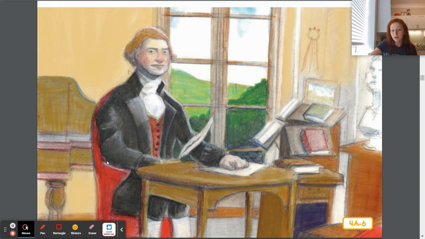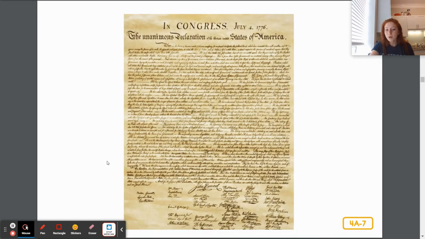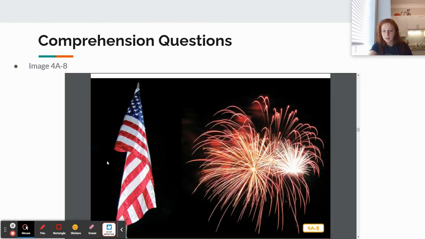They wrote, well, more specifically, Thomas Jefferson wrote the Declaration of Independence, which, again, was our official announcement to Britain that we were no longer going to be ruled by them. Why was Thomas Jefferson chosen to be the author? Because he was an excellent writer.